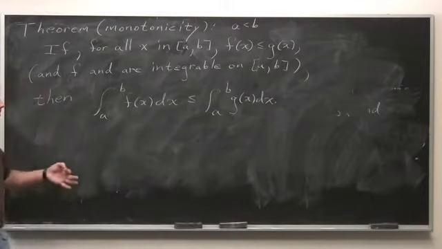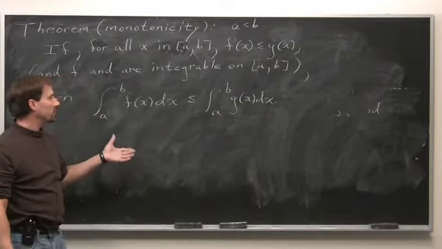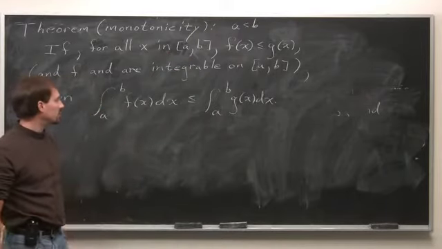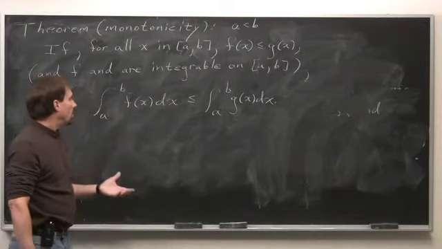What we've said is if one function is always less than or equal to another one on the interval and both functions have integrals that exist, then the smaller function has to have a smaller integral.